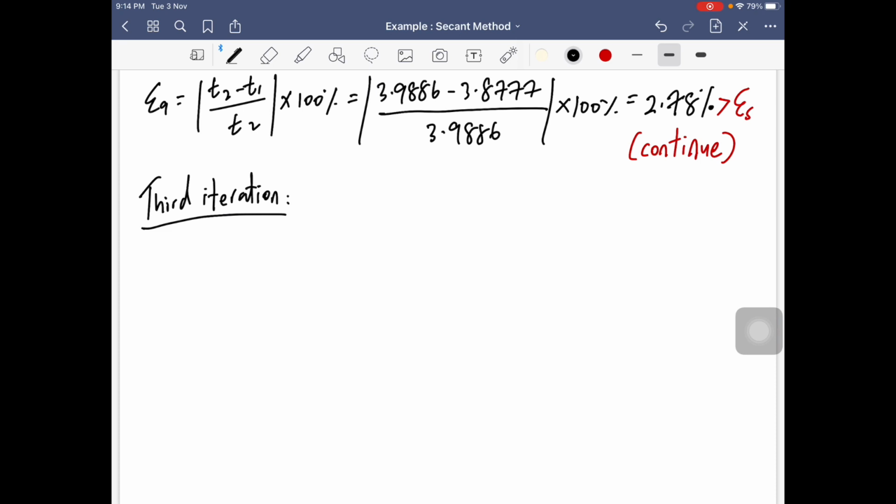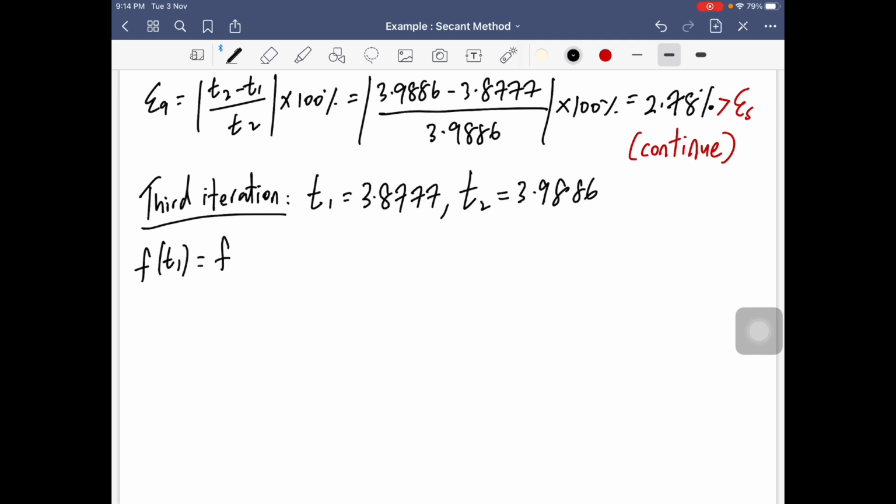Alright, so this time we need this information, T1, 3.8777, and also T2, our previous root estimation. Alright, so FT1 we already calculated the value.